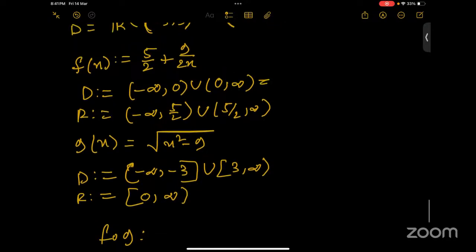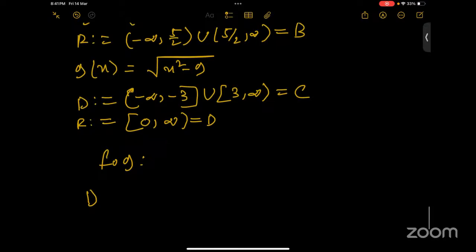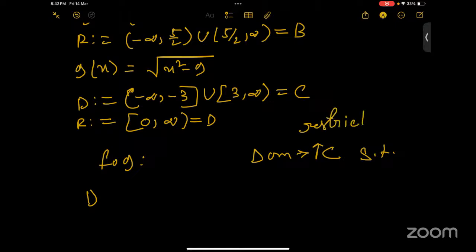So this is our A, this is our B, this is our C, and this is our D. So what we know is that the domain will be the restriction of C such that D is a subset of A. This is our target.